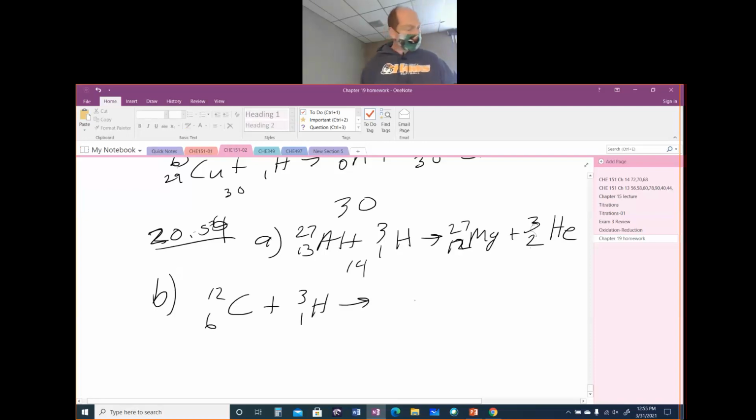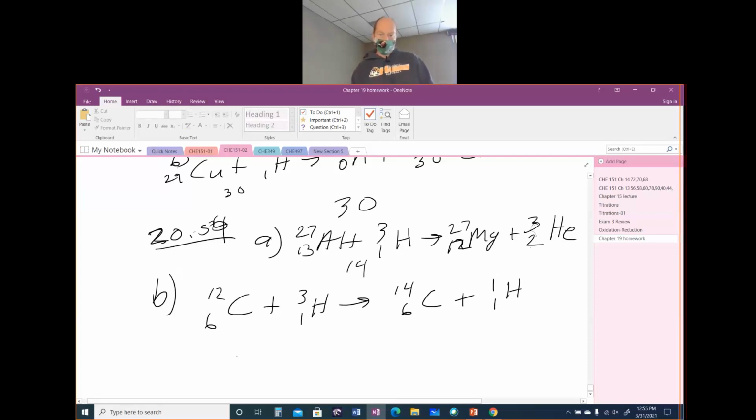That's going to give off a particle plus a carbon 14. All right, so on top, we have a 12 and a 3, that's 15. We have 14 plus 1, that's 15. On the bottom, we have a 6 and a 1, that's 7. On bottom, we're going to have a 6 and a 1. All right, and so that is a proton.